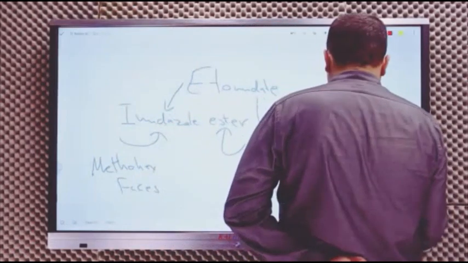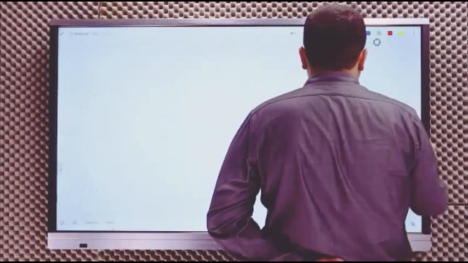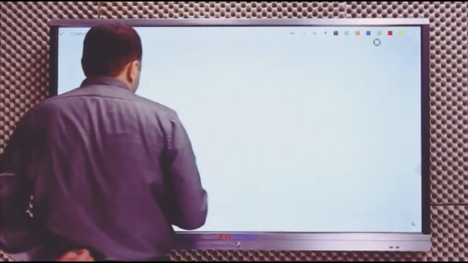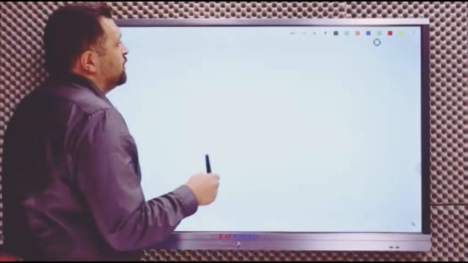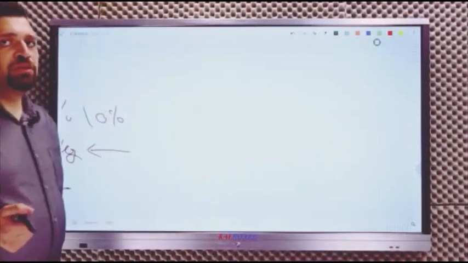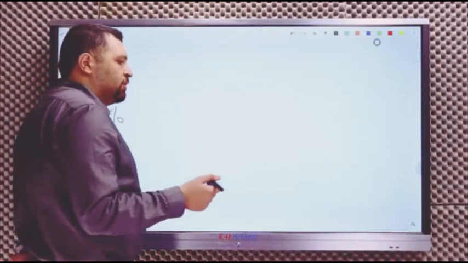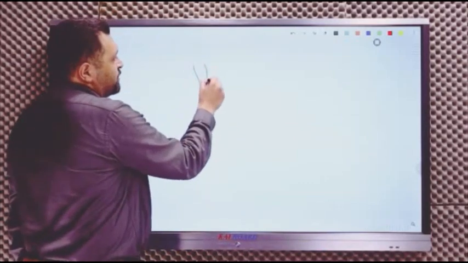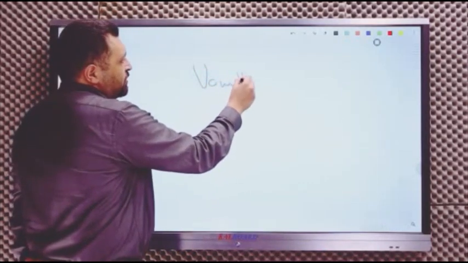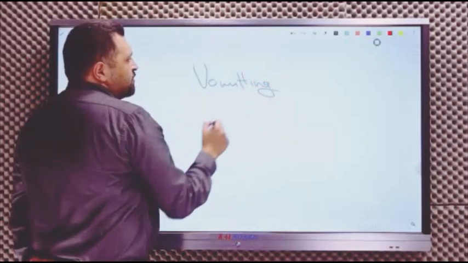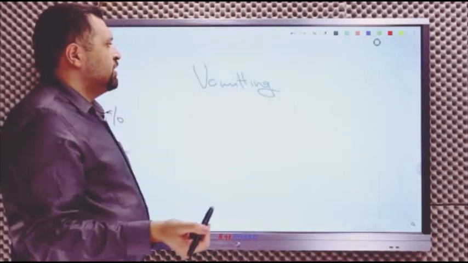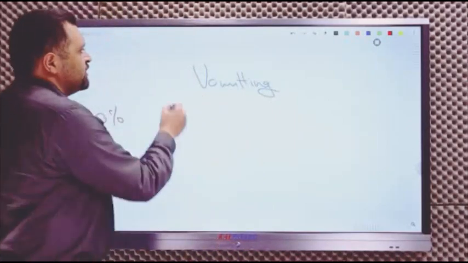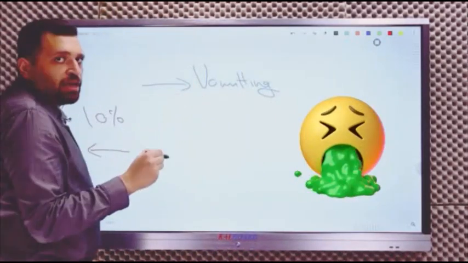Etomidate is rapidly metabolized because it contains an ester group. Etomidate and ketamine rarely cause allergy, but their major problem is they cause vomiting, especially etomidate. So if you give someone etomidate, the thing he will dislike most about this drug is the excessive vomiting he had.